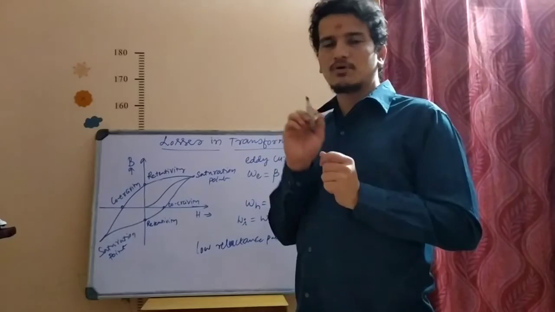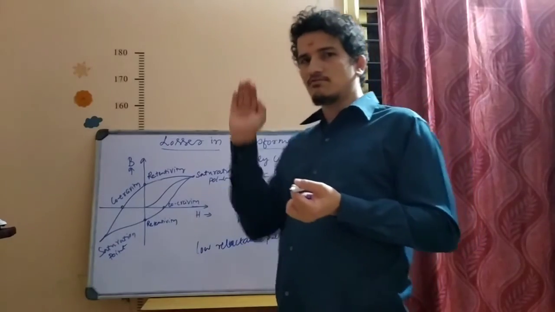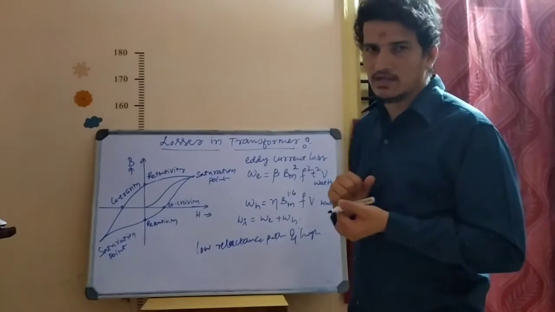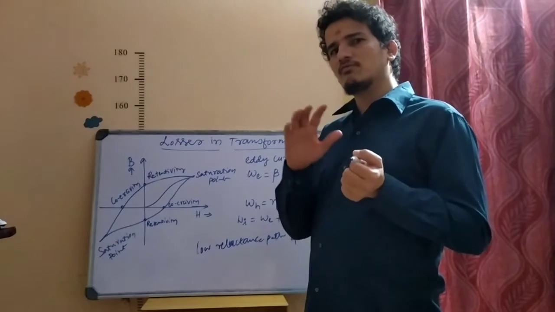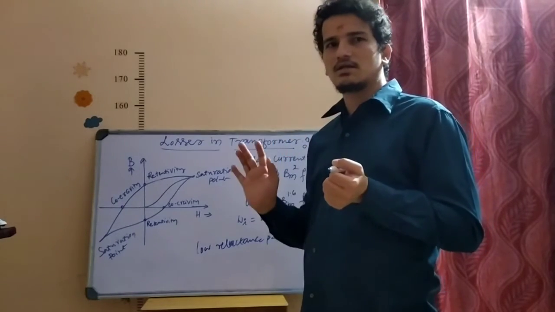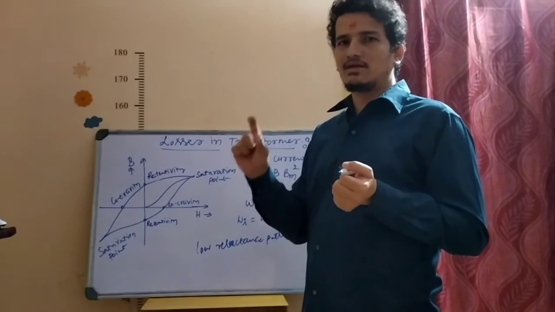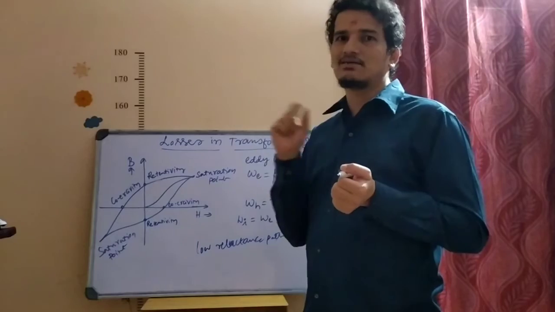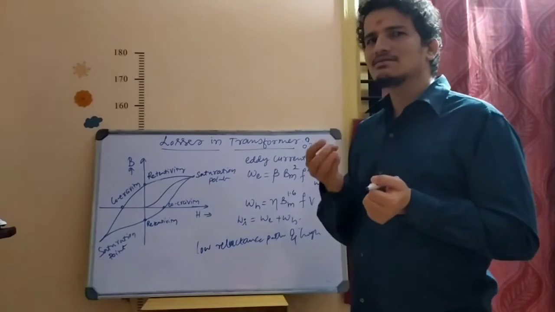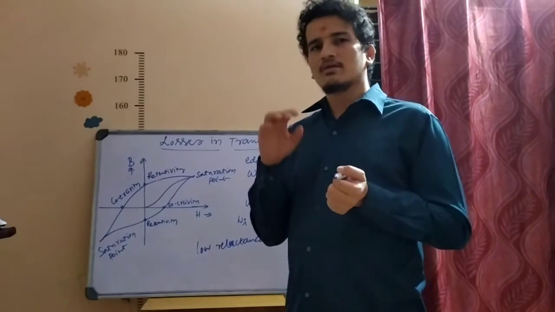If phi is the produced flux, then 100% of phi will be linked to the secondary winding, so that the EMF induced in the secondary would be the rated, ideally designed value. But there exists some leakage flux also.